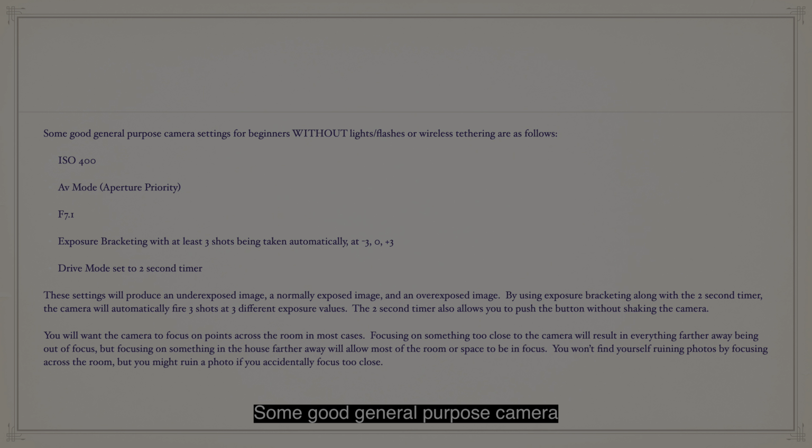Some good general purpose camera settings for beginners without lights and flashes or wireless tethering are as follows. Set your ISO to 400. Set it to AV mode, that's aperture priority. Set the f-stop to 7.1. Now exposure bracketing is the option I was just talking about.